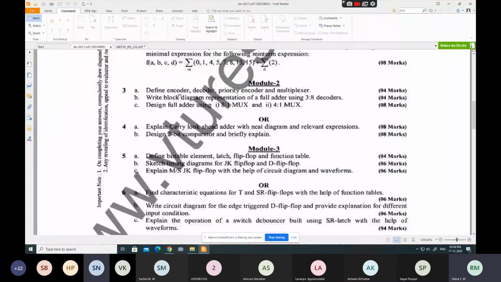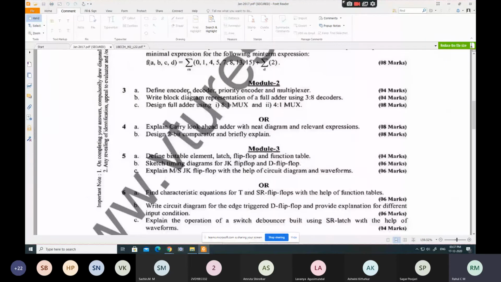Encoding means storing something in a somewhat different way, correct? Encryption is data hiding, correct? Yes or no? Yes, sir. So the moment you hear these words, the block diagram should come to your picture.